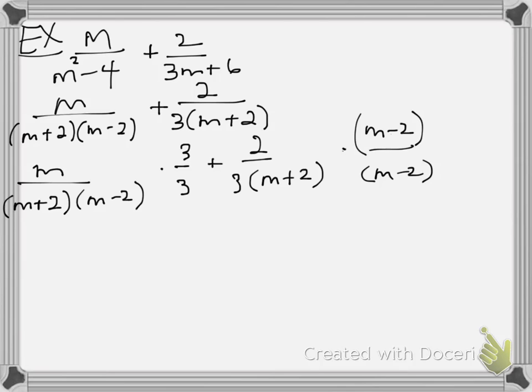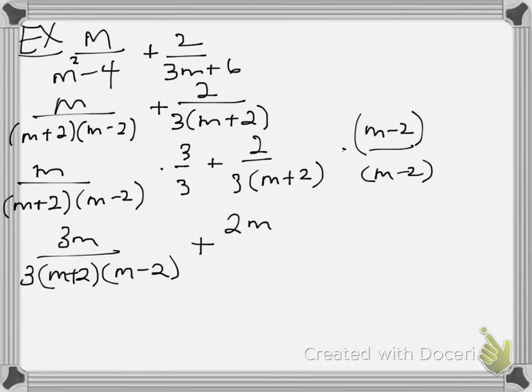Now, m times, let's go ahead and do the multiplication. M times 3 is 3m over 3 times all that other stuff down there, m plus 2, m minus 2, plus 2 times m minus 2 is what? 2m minus 4 over the same thing.